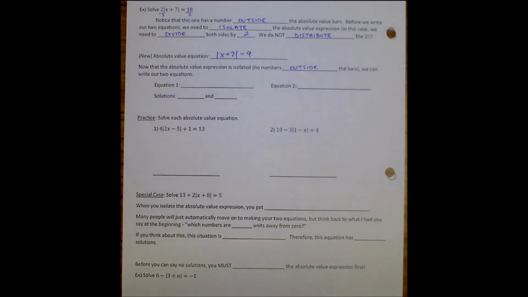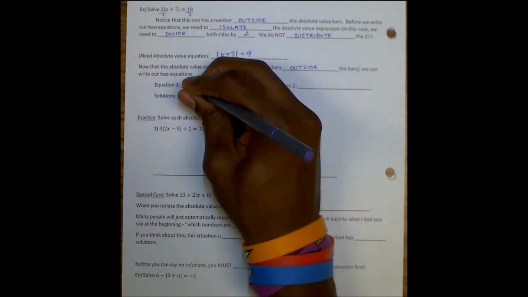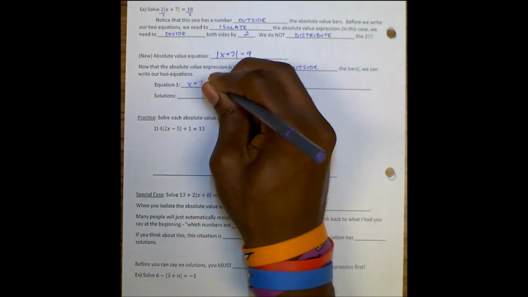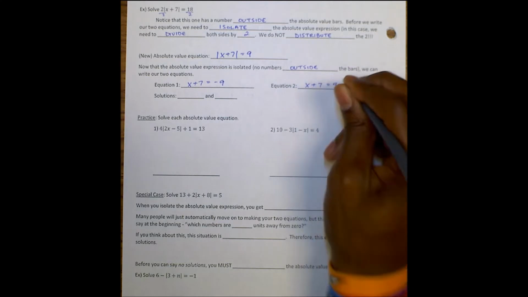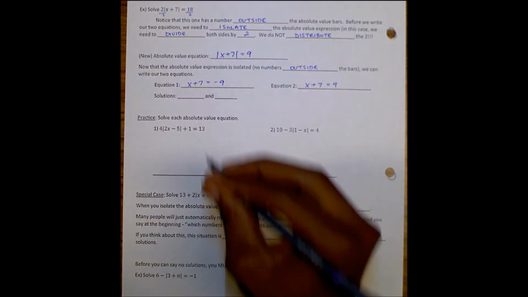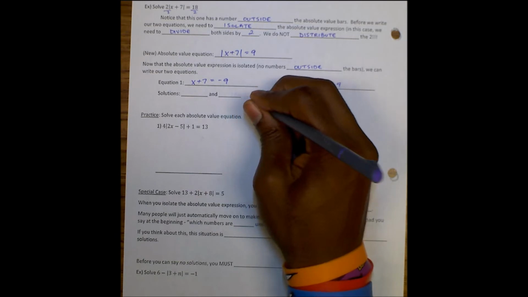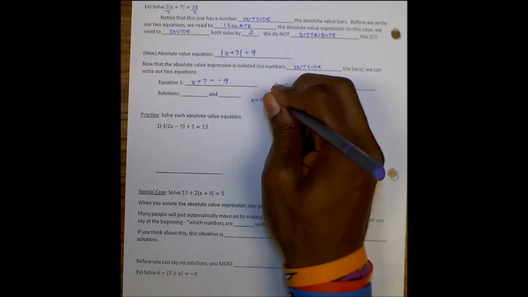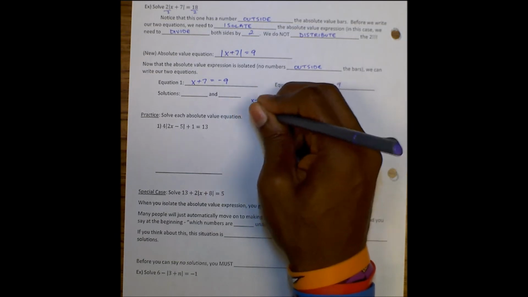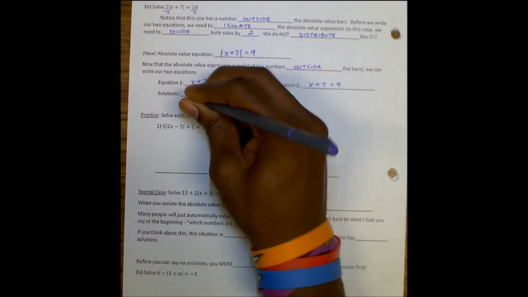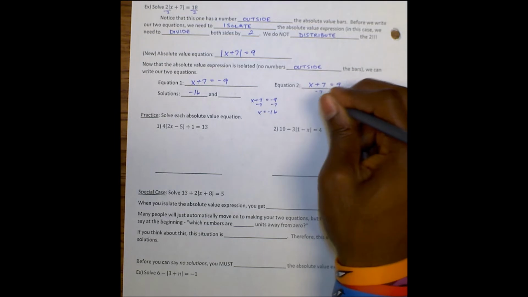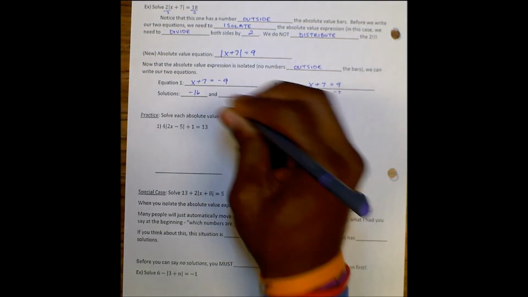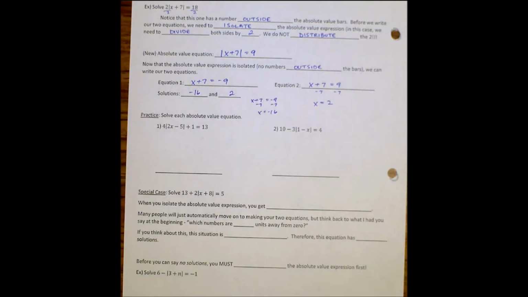X plus 7 could equal negative 9, or x plus 7 could equal positive 9. And we solve both of those. So x plus 7 equals negative 9. Subtract 7 from both sides. X would equal negative 16. X plus 7 equals 9. Subtract 7 from both sides. X would equal 2. So our two solutions are negative 16 and positive 2.